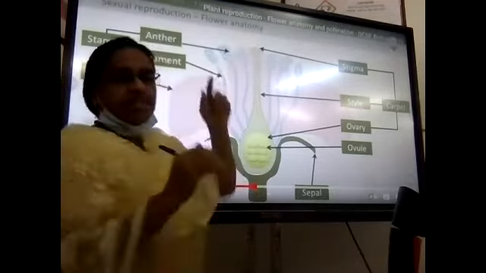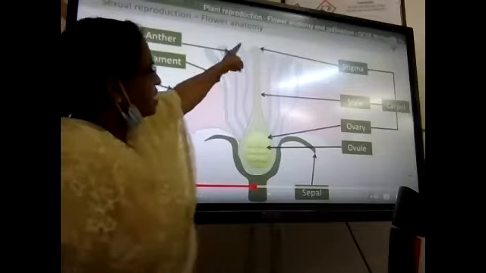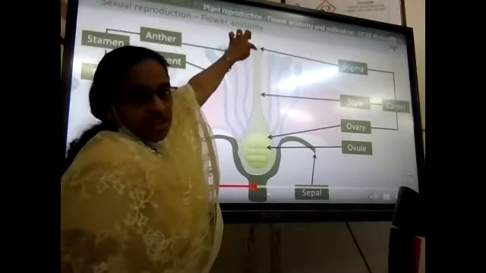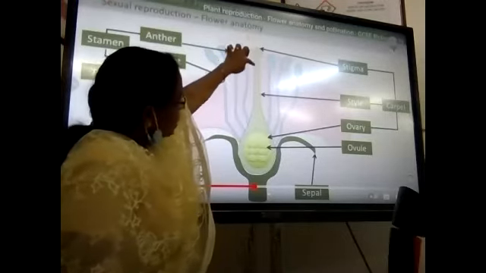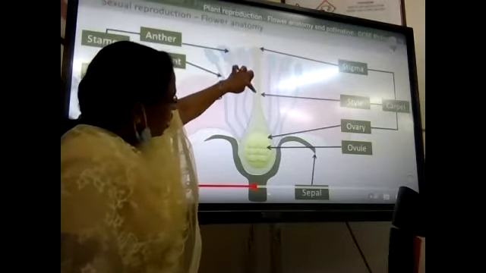So the pollen from the anther falls on the stigma, and then it is coming down, and then the nucleus of the pollen, because it is a cell. A cell has a nucleus. That nucleus of the pollen will join with the nucleus of the egg cell, ovule cell. That is known as fertilization. So got this? Yes.